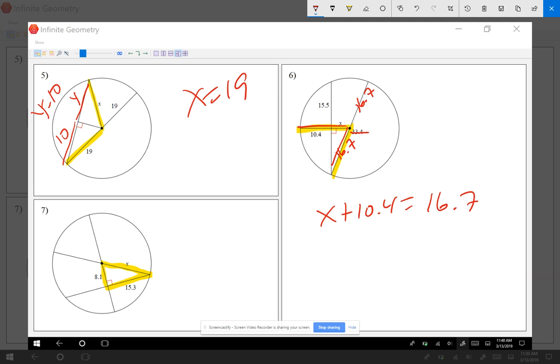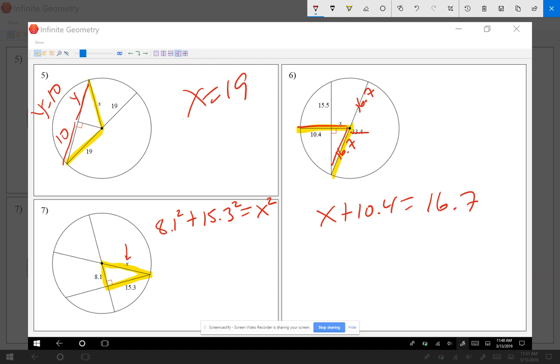I can solve for the third one using Pythagorean theorem. My hypotenuse is the biggest side, which in this case is x. So on a squared plus b squared equals c squared, that's my c. I'm going to set this thing up as 8.1 squared plus 15.3 squared equals x squared. I'll have to use Pythagorean theorem because I'm dealing with a triangle.